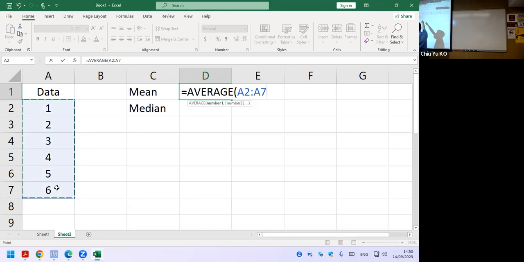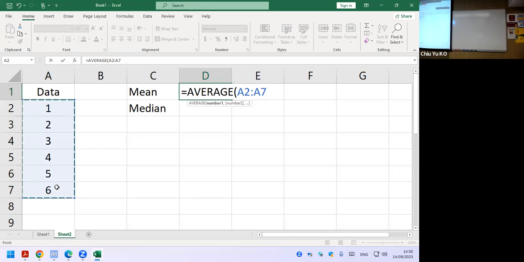Otherwise you can type from A2 colon to A7, just A2:A7. Either use the mouse to click or type. Here the first one I use the mouse to click, drag and release, and it will give me this.